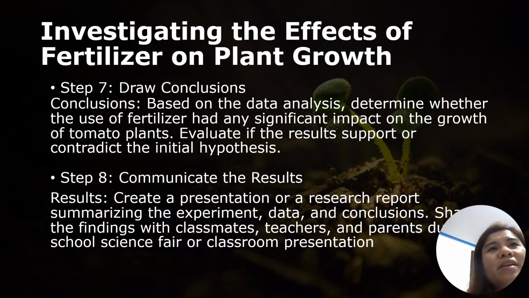Then we have step 7, draw conclusions. So based on the data analysis, determine whether the use of fertilizer had any significant impact on the growth of the tomato plants. Evaluate if the results support or contradict the initial hypothesis. So, since we are not actually doing the experiment, we cannot right away tell the conclusion.